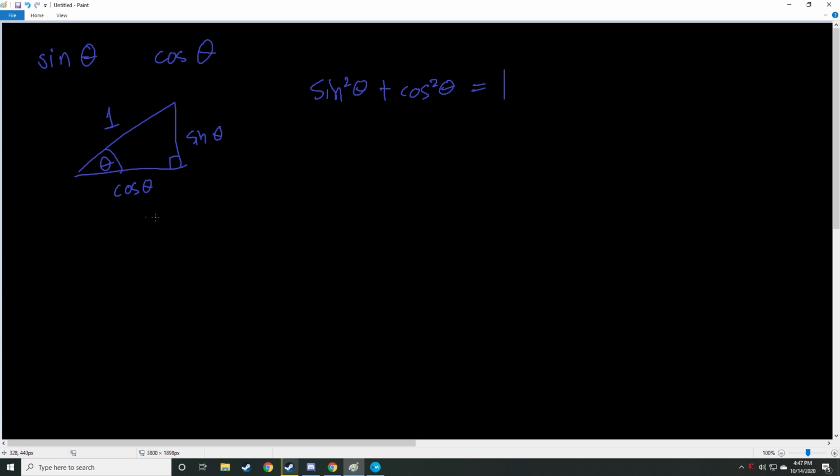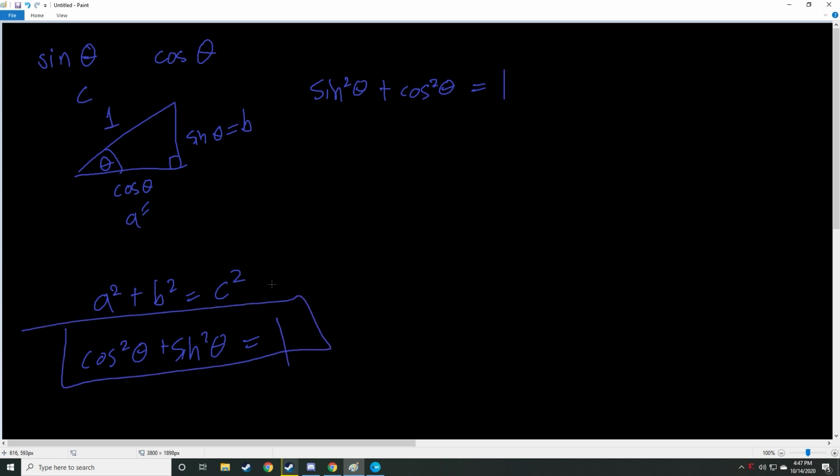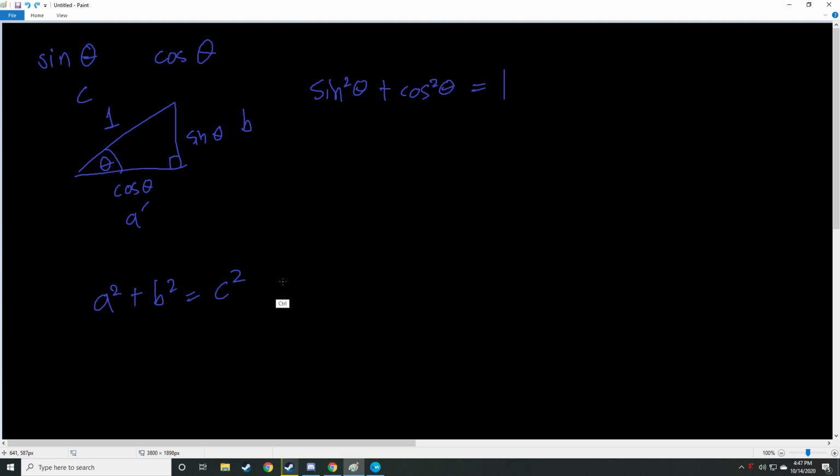We know that this side length, if we call this side length A, and we call this side length B, and this side length C, then the Pythagorean theorem says that A squared plus B squared is equal to C squared, right? And so therefore, if we plug in A is equal to cosine theta, and B is equal to sine theta, we get cosine squared theta plus sine squared theta equals 1 squared, which is just 1. So this identity is very easy to prove. Cosine squared plus sine squared is equal to 1. And that holds true for any right triangle.